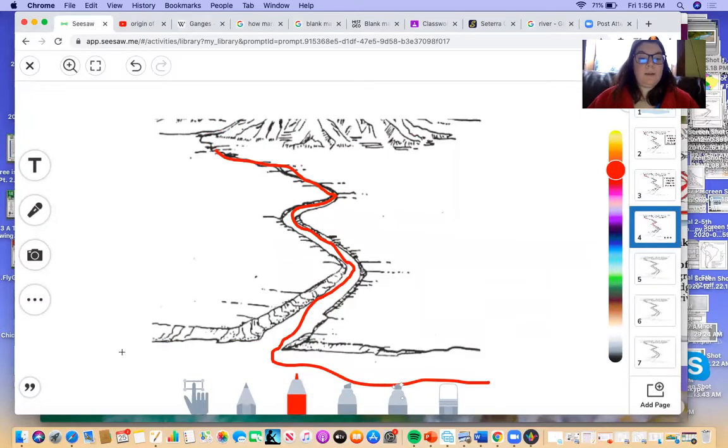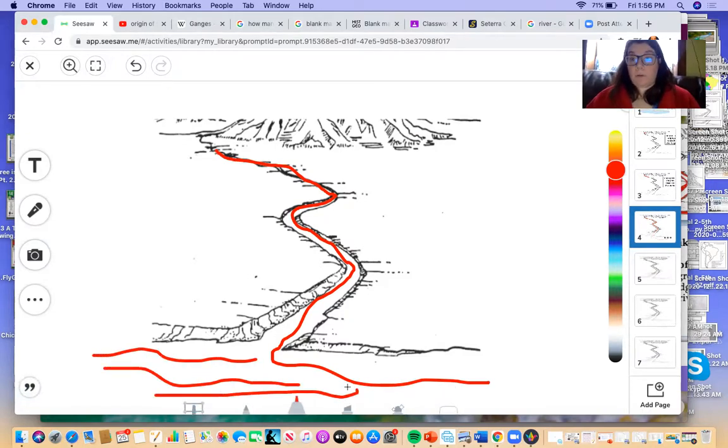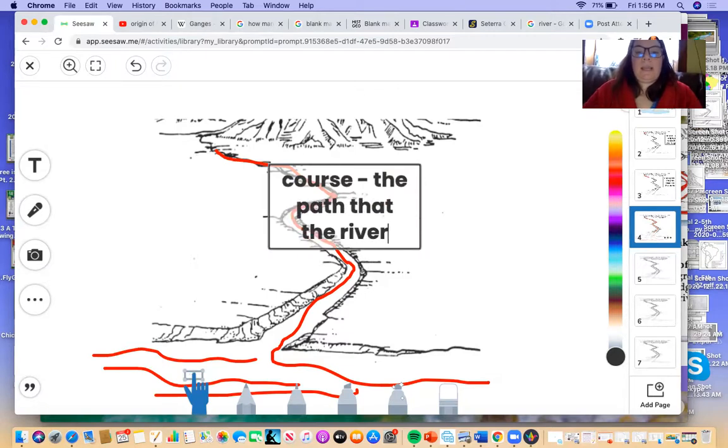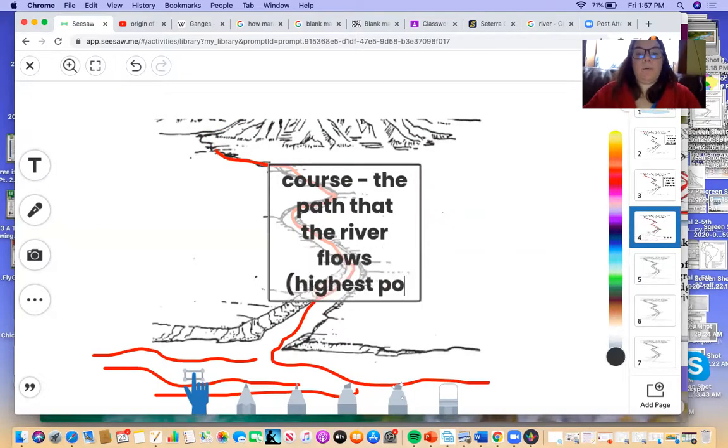And as we can see here that it empties into a bigger body of water, you'll notice if you ever go to a river, it always flows the same direction. And so it's that flowing from the highest point to the lowest point. And that's the course. So the course of the river is the path that the river takes, or the river flows. And we could say from the highest point to the lowest point.